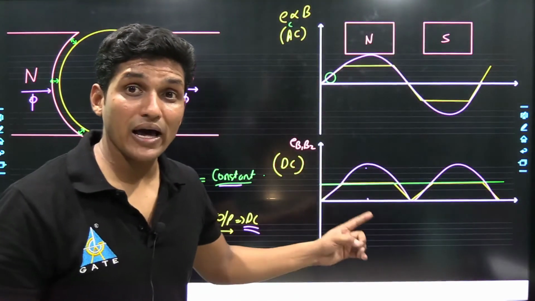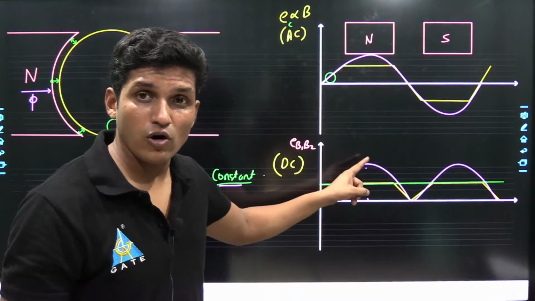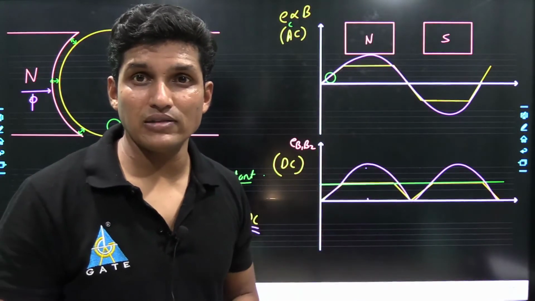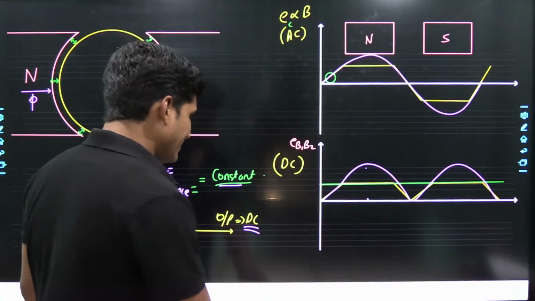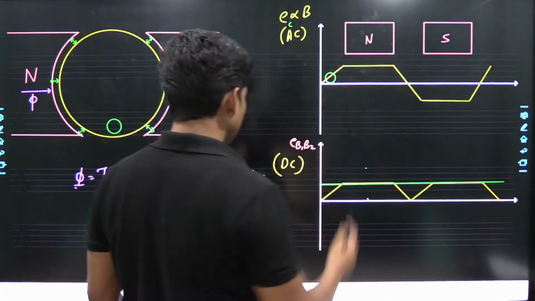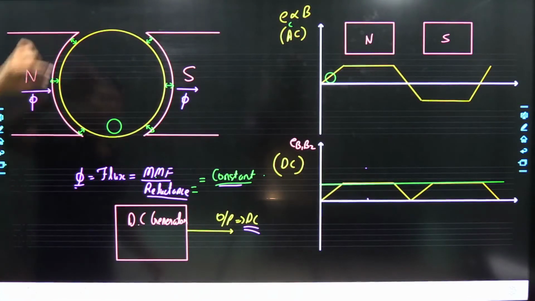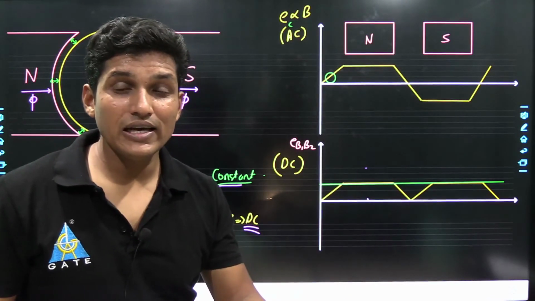But in comparison to the flat top wave, the sinusoidal waveform is also DC, but it contains more ripples. That's why in a DC machine we use a uniform air gap, so we get more DC and fewer ripples.